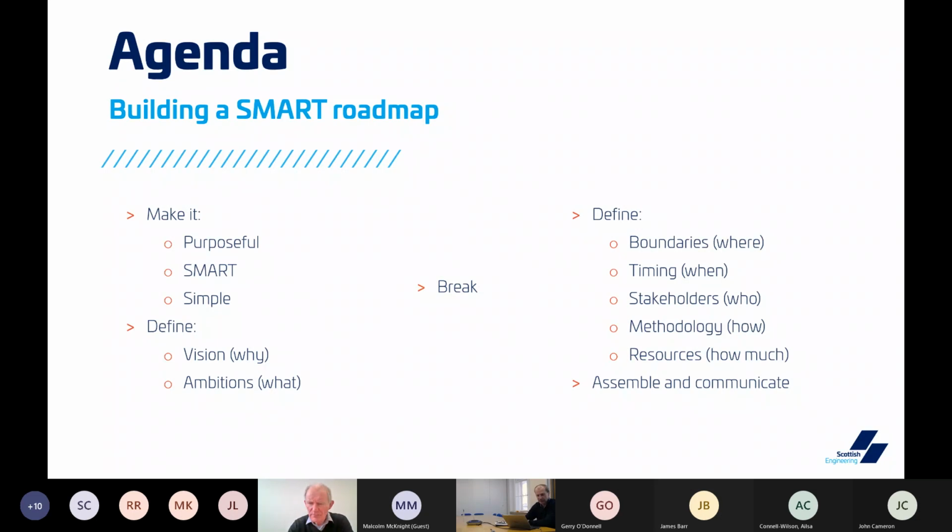We start by looking at the why and the what, and then we take a break. Then we finish off the define with the where, the when, the who, the how, the how much, and finally how do we assemble it when we've got everything, how do we make it a roadmap, and how do we communicate that roadmap. That's what we will talk about.